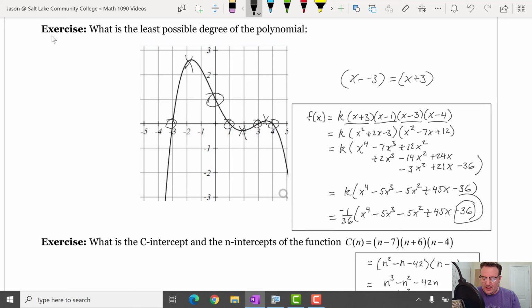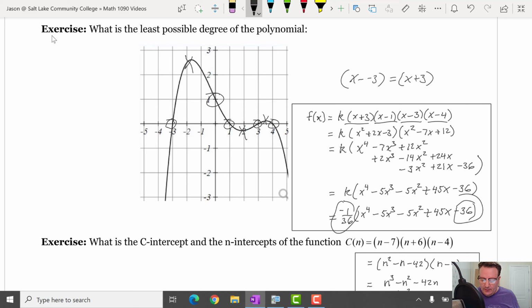If you plug in 0, you get your y-intercept by evaluating the polynomial at x equals 0, and all of the terms before the constant term evaluate to 0, so I just get the constant term. But to get it to be 1, I have to have this factor of negative 1 over 36 out front, because when I distribute that factor to all the terms in parentheses, I get a plus 1 at the end.